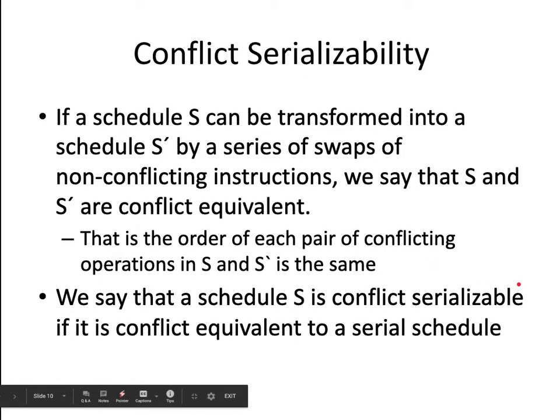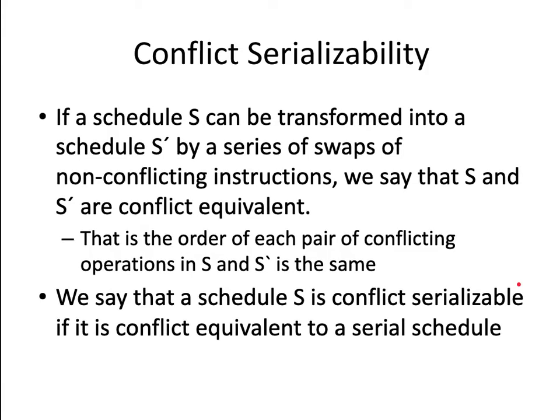Now consider two schedules S and S dash. If somehow, by swapping only non-conflicting instructions, and swapping means you can just change the order of execution, we are not saying that we are going to swap the instructions within the transaction. No, the instructions will remain in the same transaction; you could just swap the order of execution.